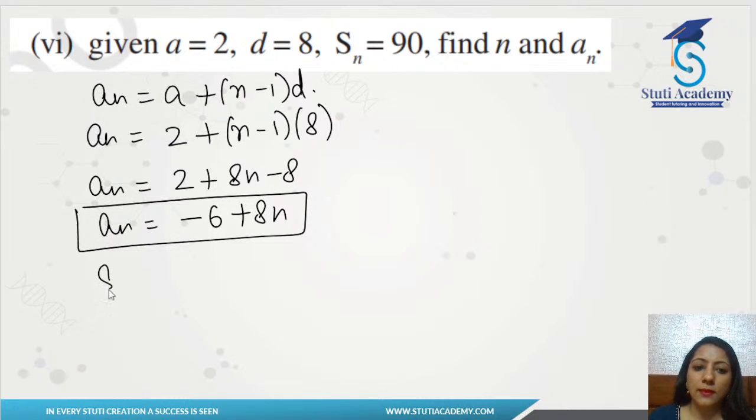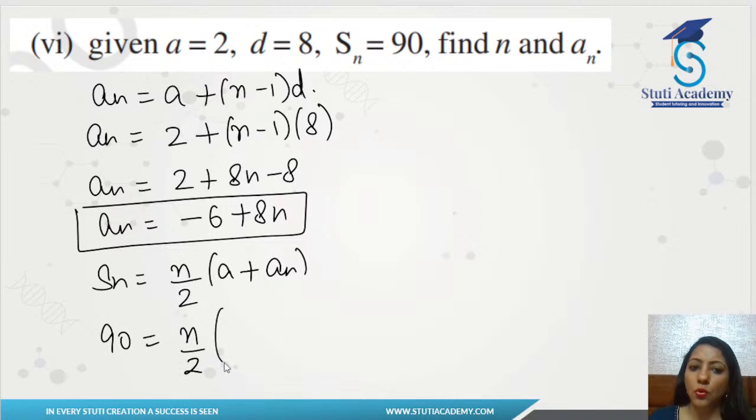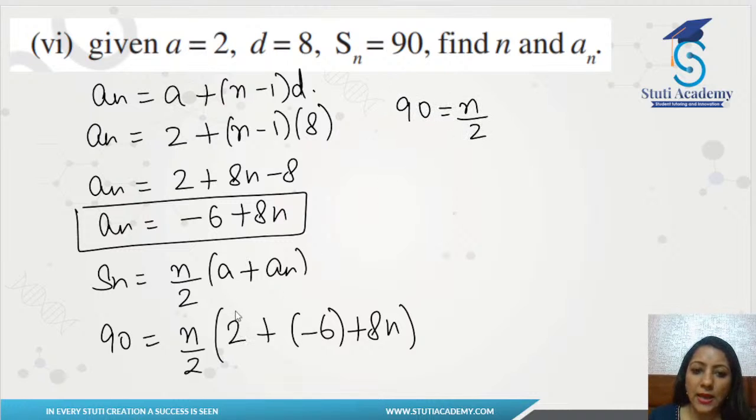Coming to this Sn, we're going to use the formula N by 2 into A plus An. So here we have Sn as 90, N we don't know, A we know is 2, and this An we can replace by minus 6 plus 8n. Let's try to simplify this further. We will get 90 is equal to N by 2 and these two can be written as minus 4 plus 8n.